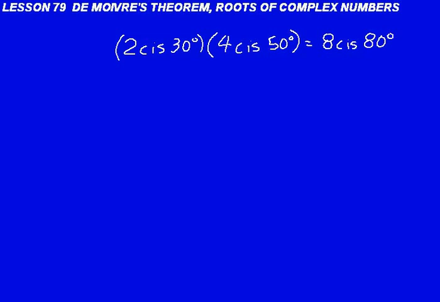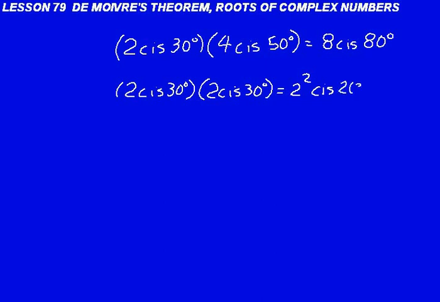Now let's understand how De Moivre's theorem works by applying what we know about multiplying complex numbers in polar form. For example, let's say we had 2 cis of 30 degrees, and we multiplied that by the same thing, 2 cis of 30 degrees. We would end up with 2 times 2, or 2 squared, times cis of 2 times 30, right?